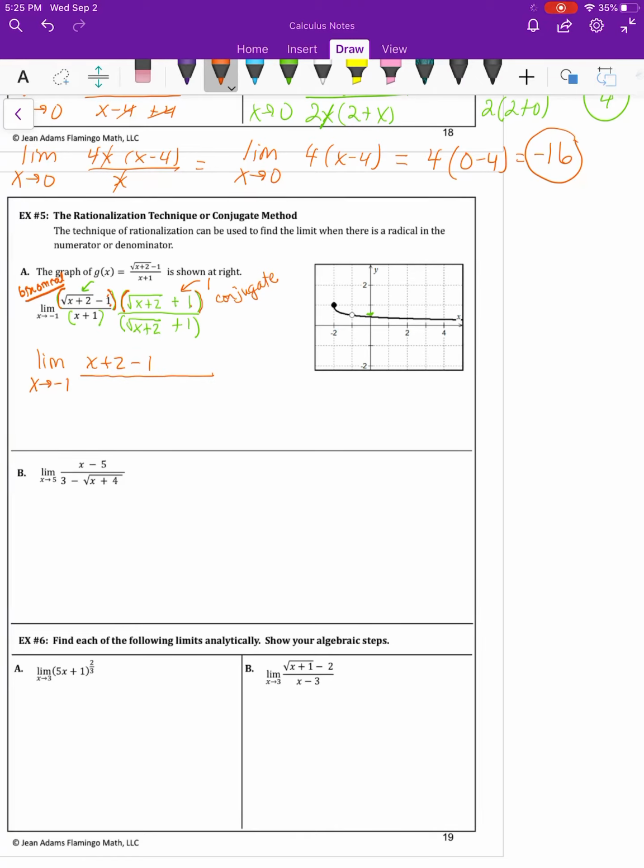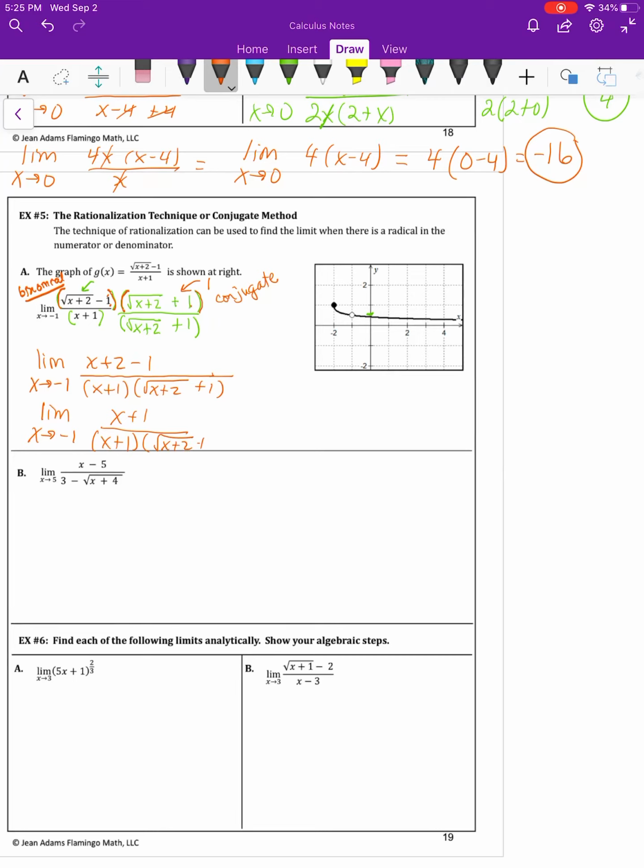The other binomial down here, the x plus 1, is getting multiplied by that conjugate because we had to have a fraction that equals 1. Do not multiply through. Do not multiply through on that. Because when we simplify this numerator, so I'm going to simplify positive 2 and negative 1, I get positive 1.